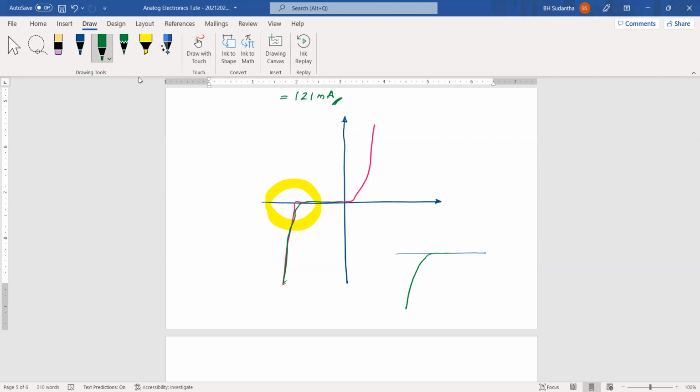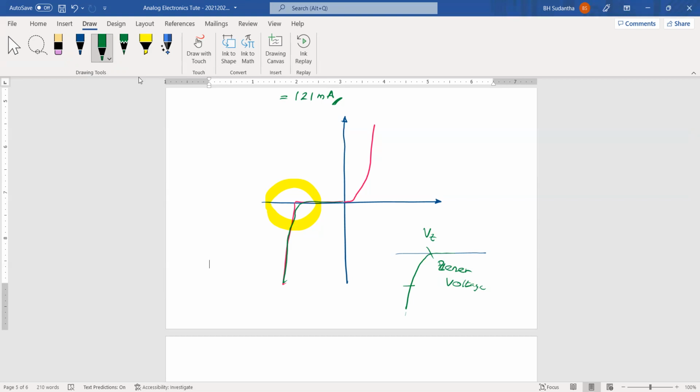Then we take this one as we set Zener voltage. But there should be a linear region after this. Actually, we are considering this range to be used in the voltage stabilizer circuit, not this one. You can see that here voltage is changing and the current may be changed.